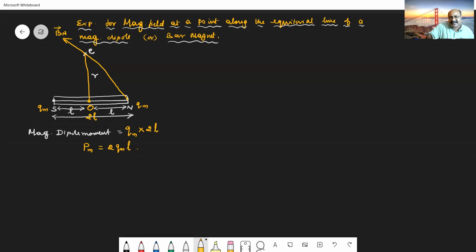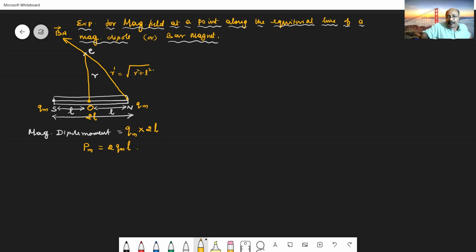This distance CN, I am taking as r dash, and using the Pythagoras theorem, r dash square is equal to r square plus L square. So r dash is equal to root of r square plus L square.